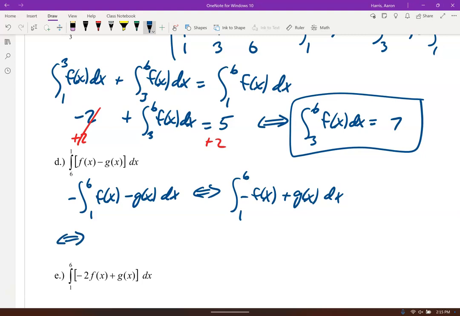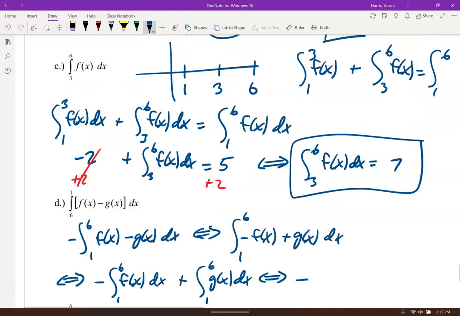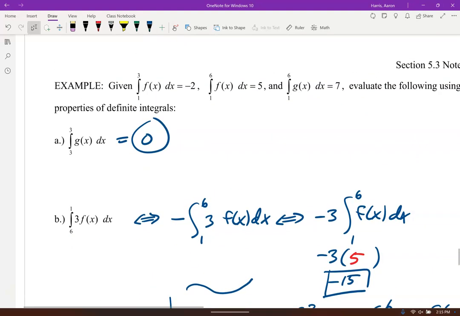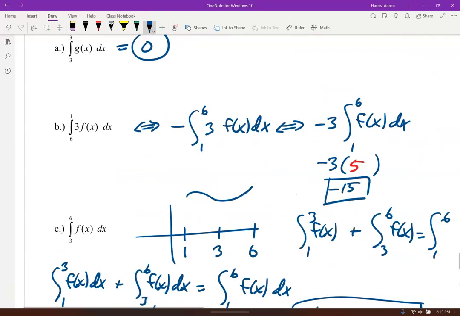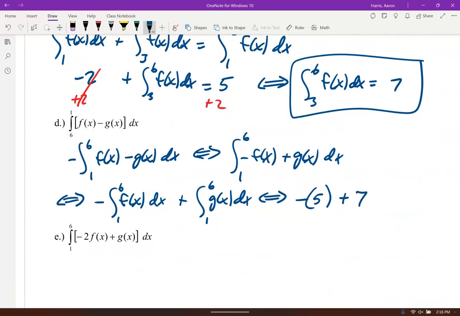And that'd be, let me take that negative out front, f of x from 1 to 6 plus g of x from 1 to 6. And so I've got negative, and then 1 to 6 f of x. I go back up here. 1 to 6 f of x is that 5. Plus 1 to 6 g of x is that 7. So I got negative 5 plus 7. Looks like that just ends up being 2 right there.